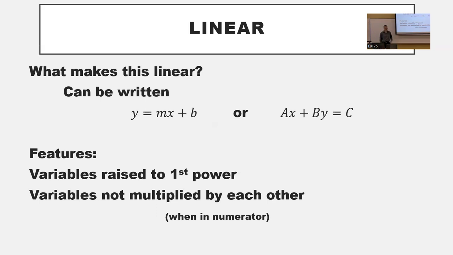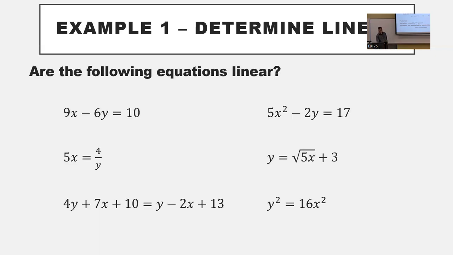We can't have something like x times y. So variables raised to the first power. When I say raised to the first power, I mean they're written either on their own or in the numerator of a fraction. We don't want things in the denominator of a fraction. That's a different thing.